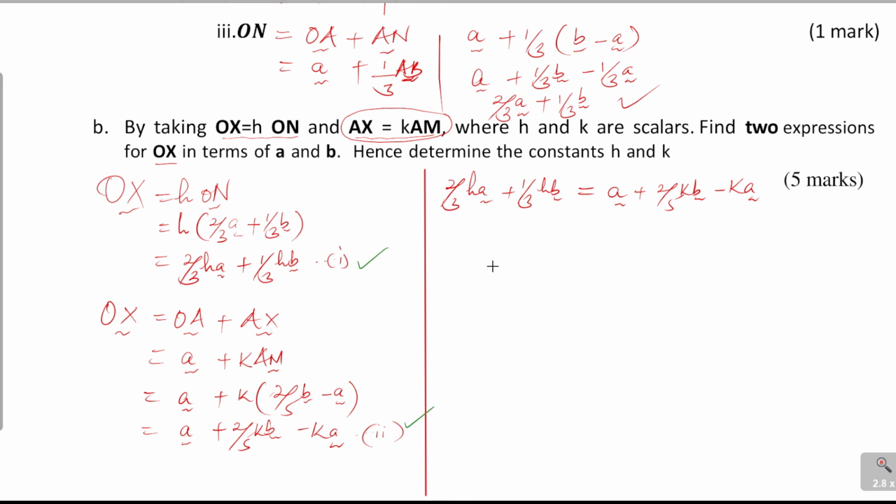They are both OX, expressing the same thing.